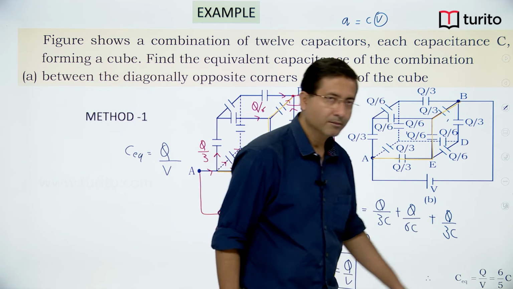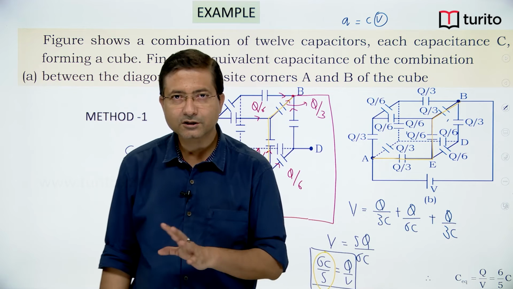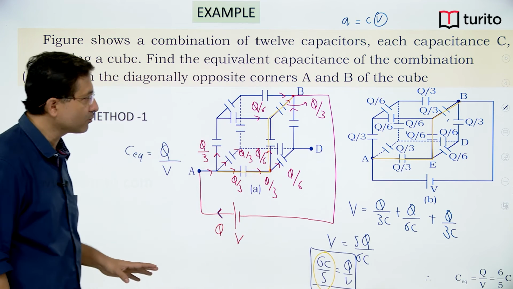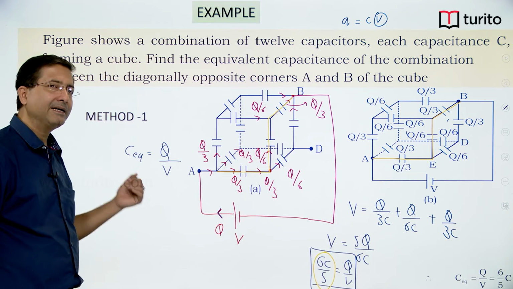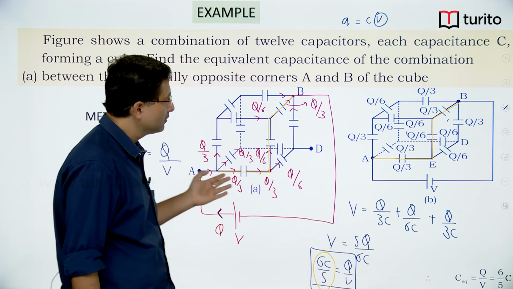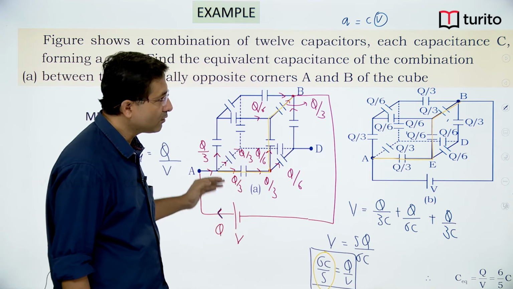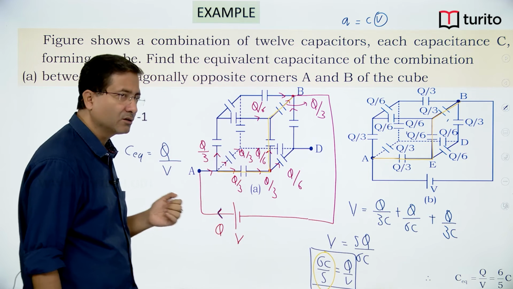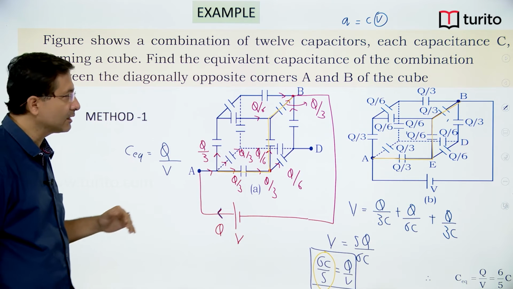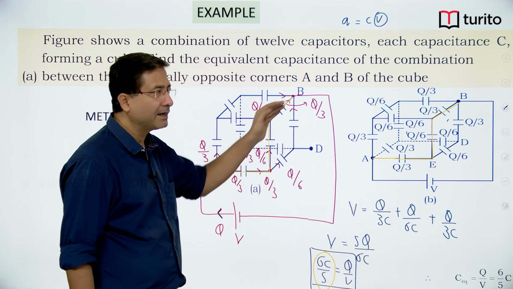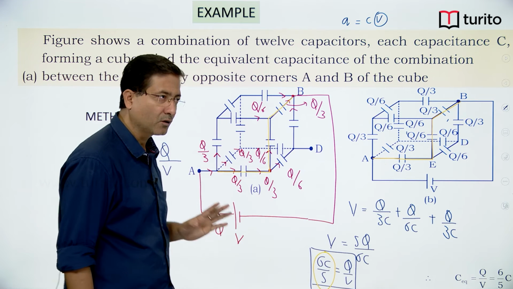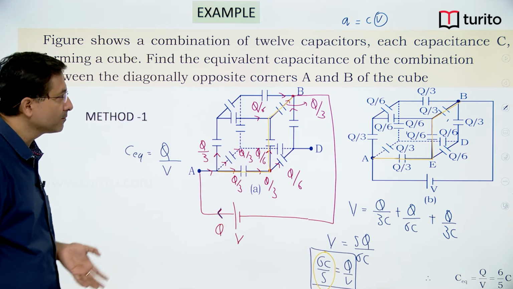So, we just distributed charge using symmetry, input output symmetry. Here we are not getting any inactive capacitor, we are not getting any junction through which charge is not getting distributed. So, I cannot remove any capacitor, I cannot open any branch or any junction.